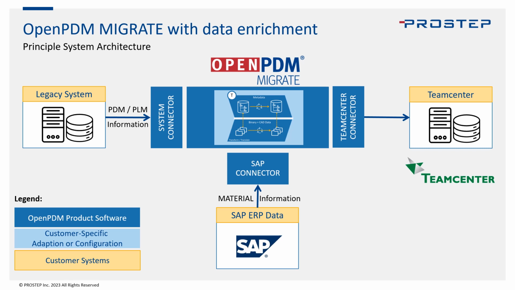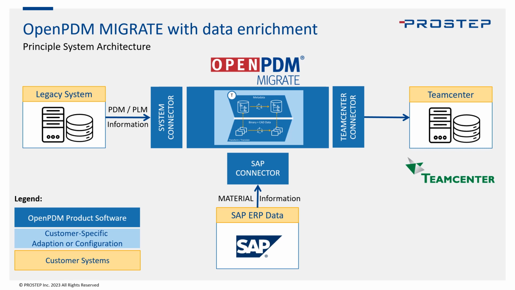That could also include processes for directory scans, or processes to import other data, even spreadsheet data that might be necessary for data alignment within the migration processes themselves. And you see here what is your systems, what is OpenPDM product software, so COTS software, and then also what is the specific configuration of the process.